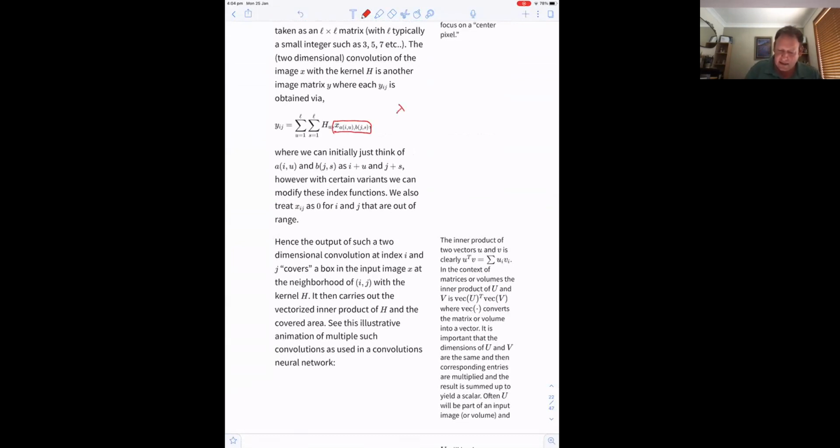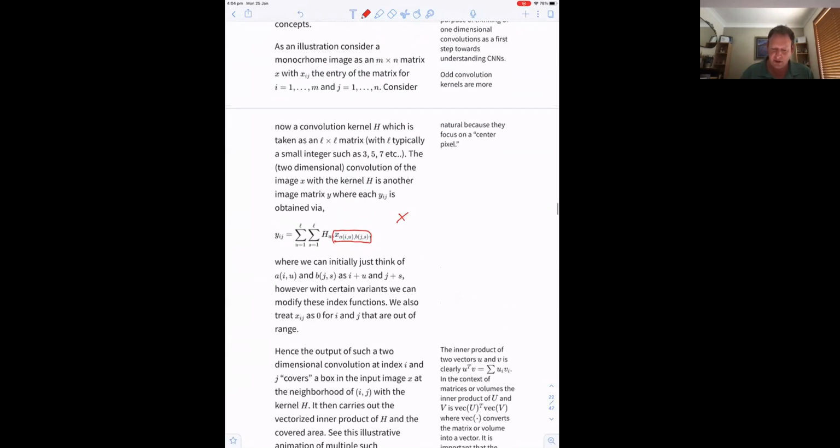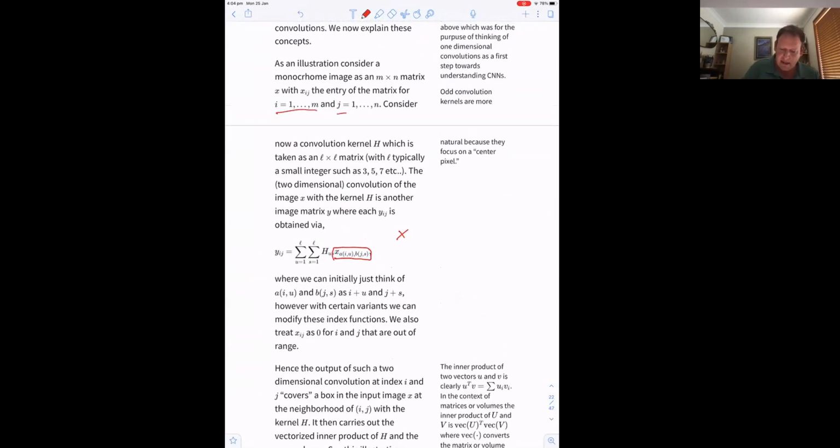X is now an image. It's not a color image; it's a monochrome image. An M by N image with entries Xij, and a filter H. The filter H is typically going to be much smaller.